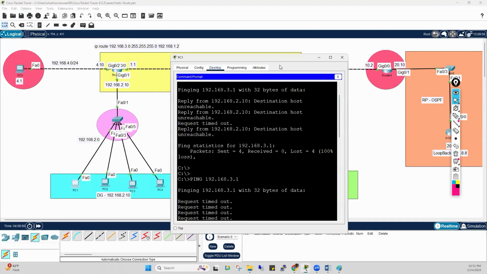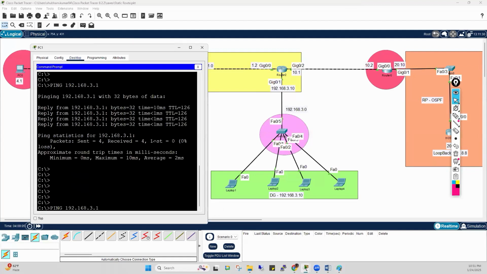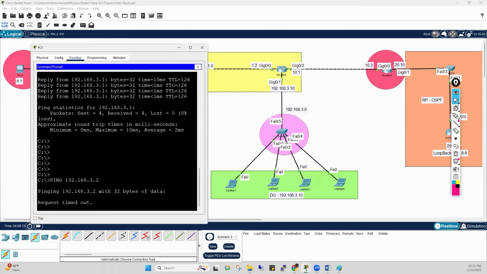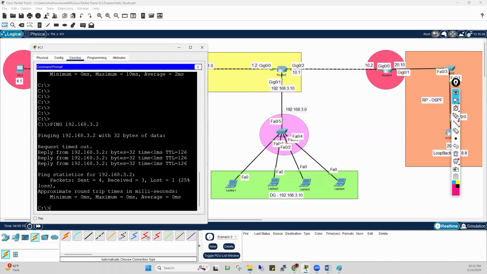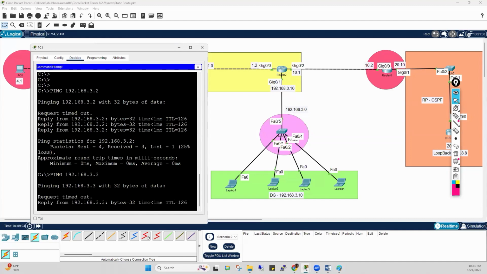For example, I go to the command prompt. Previously we pinged 192.168.3.1. Now I am writing ping 192.168.3.2. Am I able to ping? Yes, there is no problem. I am trying to ping 192.168.3.3. Yes, I am able to ping.